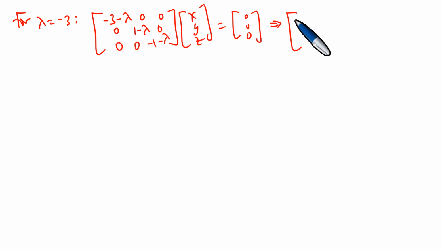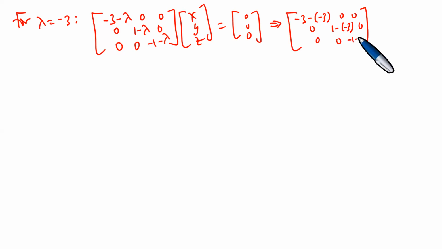So if you put minus 3 here, it's going to become 0. Let me just show it in an obvious step. So that's minus this, 0, 0, and this is 1 minus minus 3, 0, 0, 0, minus 1 minus minus 3.